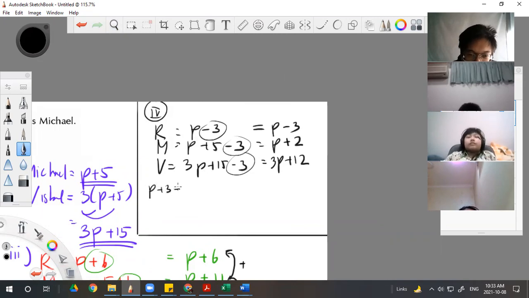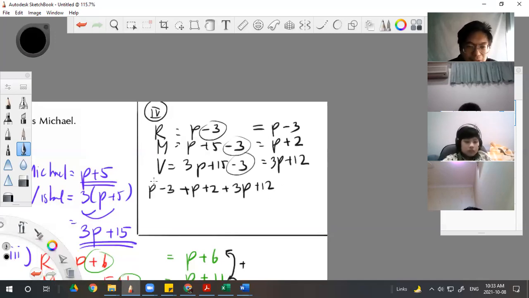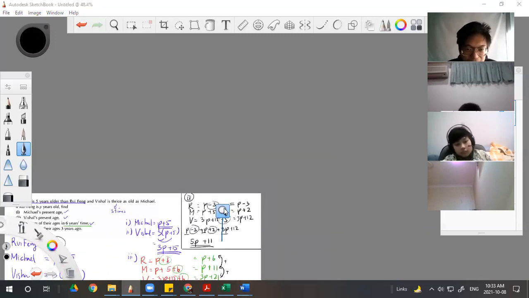So P minus 3, sorry, saya juga udah nggak konsen, pelan-pelan. P minus 3 plus P plus 2 plus 3P plus 12, right? So P plus 3P is again 5P. Negative 3 plus 2 is negative 1. Negative 1 plus 12 is plus 11. That's how you do for part 1.